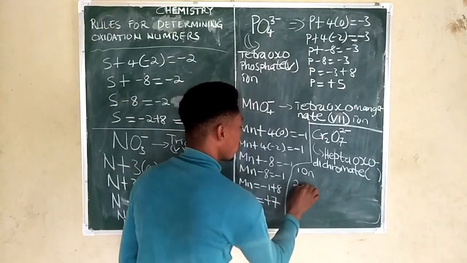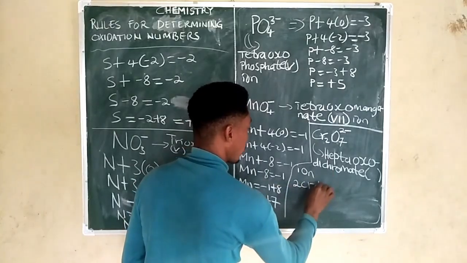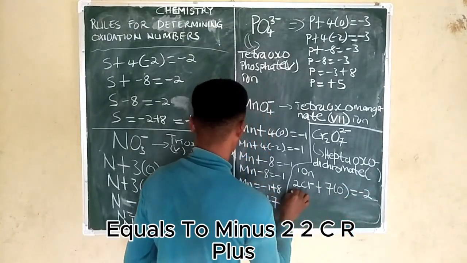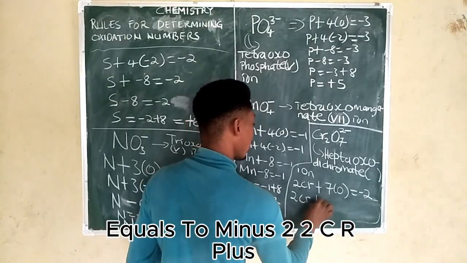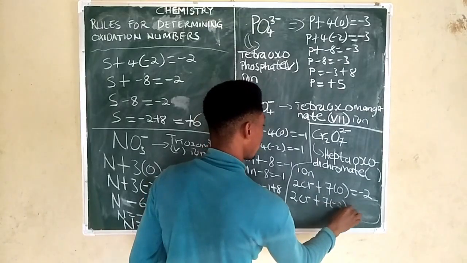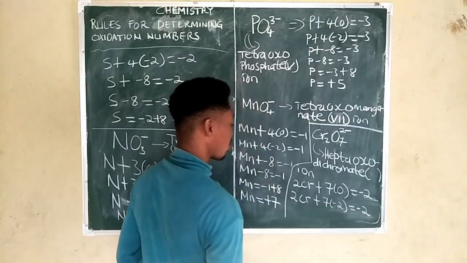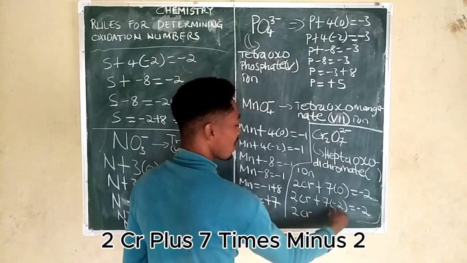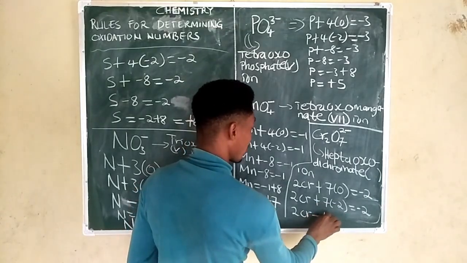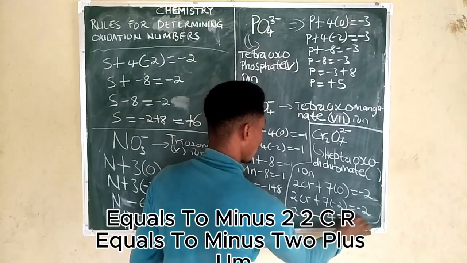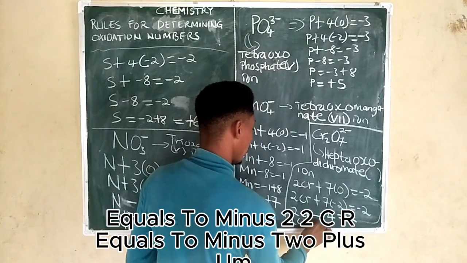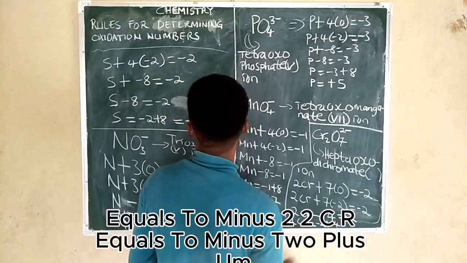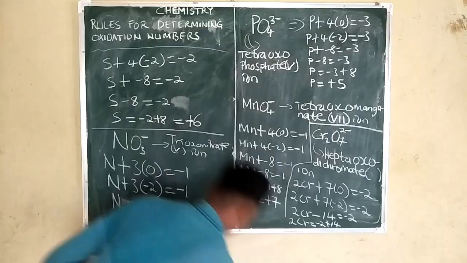So I would have 2Cr plus 7O equals to -2. 2Cr plus 7 into -2 equals to -2. 2Cr plus 7 times -2, that is -14, equals to -2. 2Cr equals to -2 plus 14.